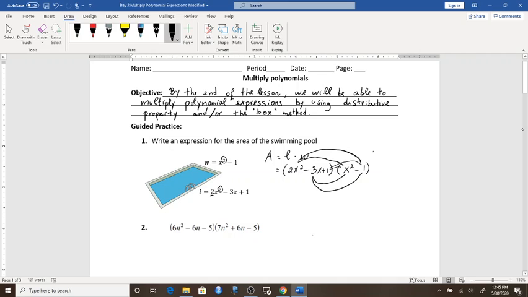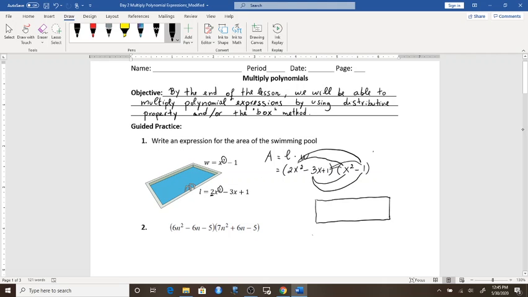But in my experience, I noticed that students usually prefer to draw a box and multiply these expressions. Now this box is going to be made up of 3 columns and 2 rows because it's a 3 by 2 polynomial.